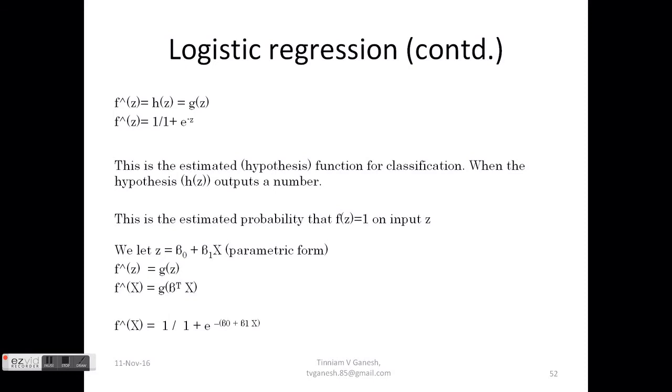But since we need this response to be between 0 and 1, we specify the hypothesis function, or the estimate, to be of the form of this logistic function, which is 1 over 1 plus e to the power minus (beta 0 plus beta 1 x). This function can really only take one of two values. When it's greater than 0, it asymptotes to 1, and when it's much less than 0, it quickly asymptotes to 0, as we've seen in the previous slide.